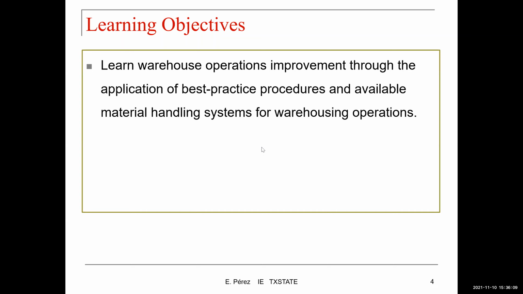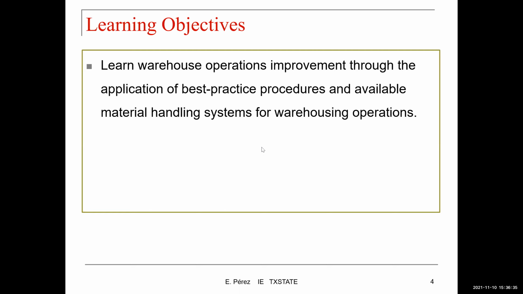Again, all this information that we've been discussing this past week is all connected, right? You need some material handling equipment in order to move stuff in a warehouse. But now we're going to be focused on the product. You have all this space, so where should you place this product if you have this demand, for example?